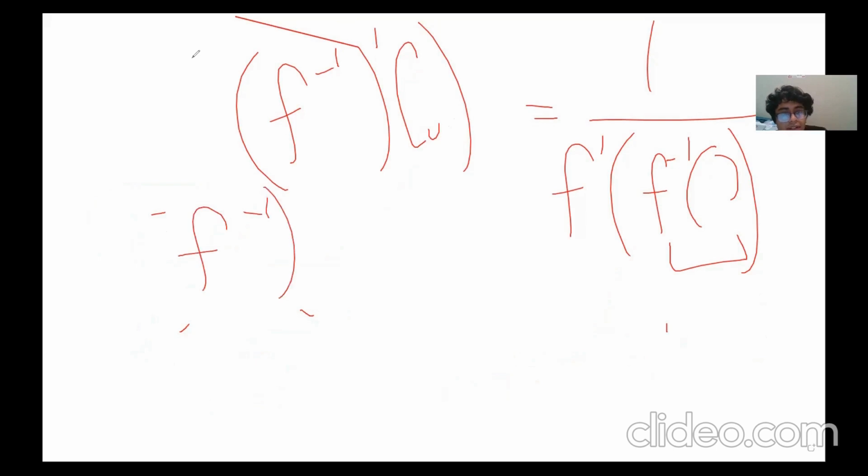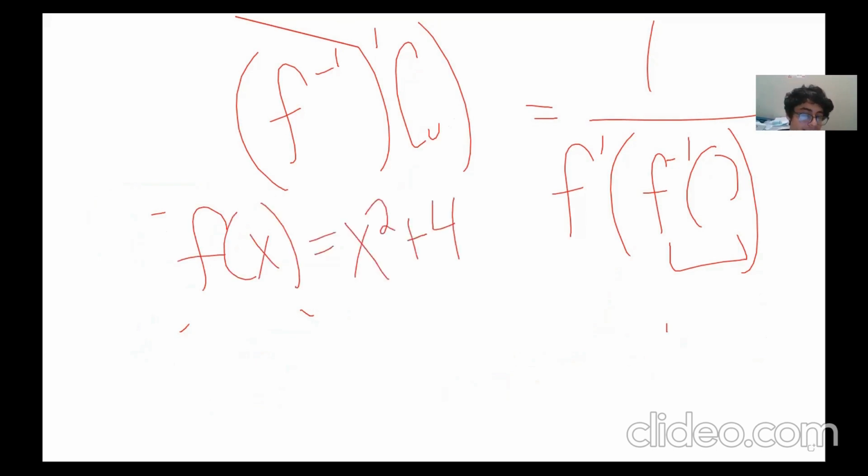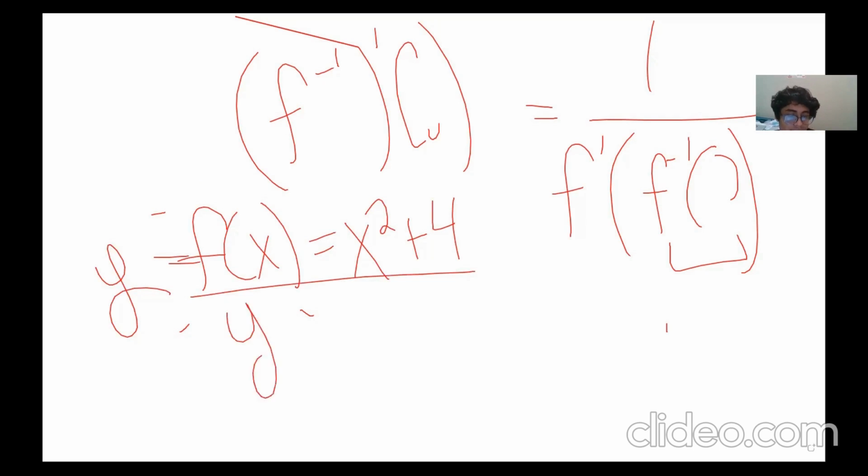You might see f of x equals x squared plus 4 or something, and they say, find the derivative of the inverse of this function when y is equal to 29. And they're not referring to the y of the inverse. They're saying when y of this is 29.